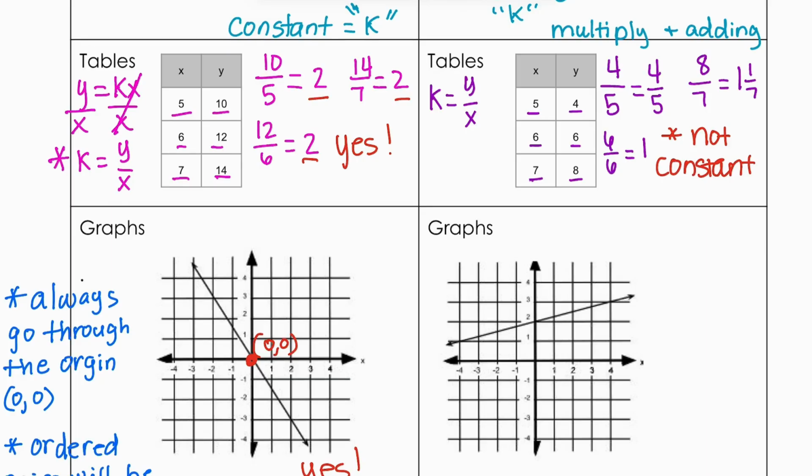If we need to check ourselves, we can put our ordered pairs in and find the constant. The constants will always be equal. Does this line go through the origin? No, it does not. So this is not constant.